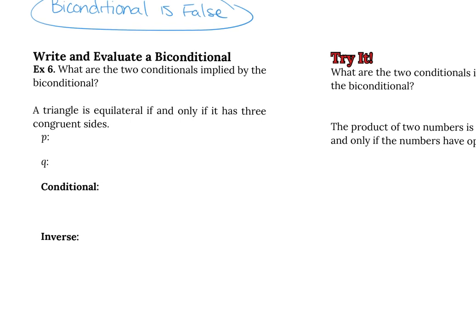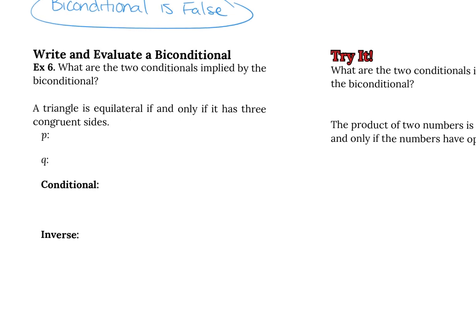Okay, next we're going to look at example 6. What are two conditionals implied by the biconditional? So this time they're giving us the biconditional, and we need to figure out what the conditionals are. All right, so our biconditional is a triangle is equilateral if and only if it has three congruent sides.